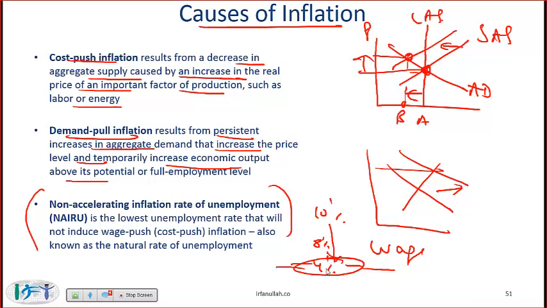So this level has an important name, and that name is NAIRU. Sometimes it's also referred to as just NAIRU, but the moment you see N's and A's and R's, that's what we are talking about. This is the lowest unemployment rate that will not induce wage push or cost push inflation, also known as the natural rate of unemployment.